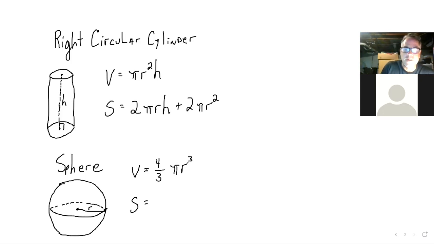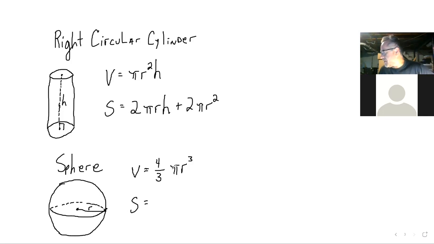So the 4/3 is a little bit harder to explain why that is there. To derive the formula, we really need some calculus and integration, which obviously we don't have, so can't do it. But that is its volume formula.